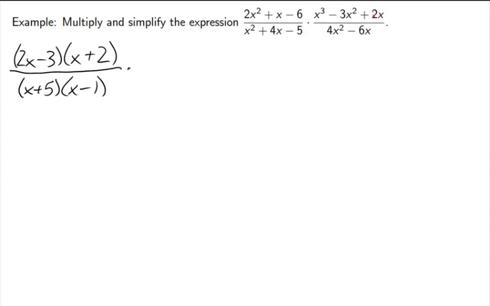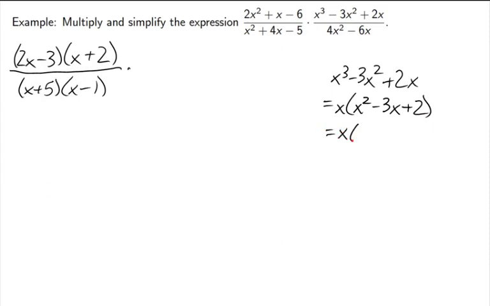And then for this expression, let's factor it off to the side for a moment. So I see that it's got an x cubed in it. That means I can factor out an x first off. So I get x squared minus 3x plus 2. And so that gives me x minus 2, x minus 1.